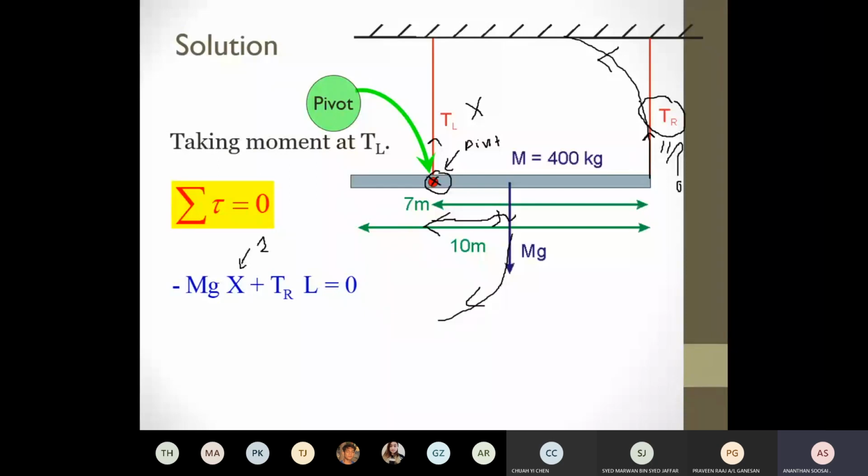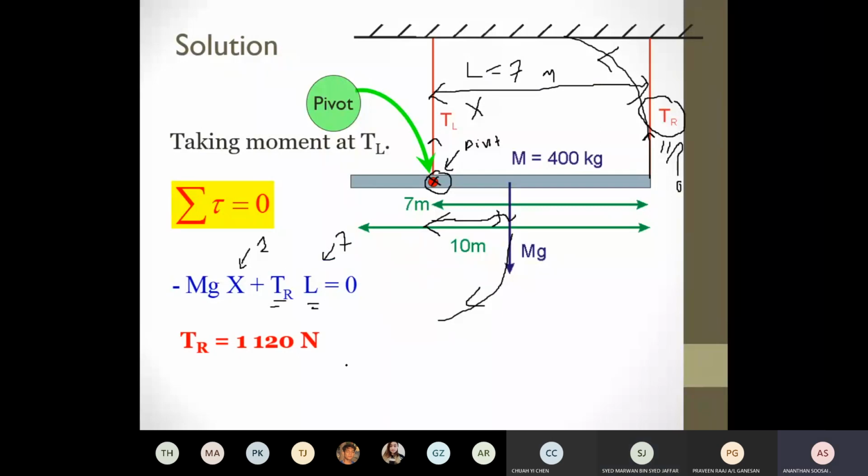And TR times L. TR is acting here, so L is this one, 7 meter. So L is 7. Then you can work out your TR. In this case, you should get 1120 Newton.